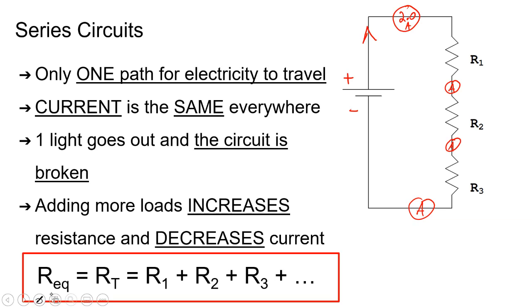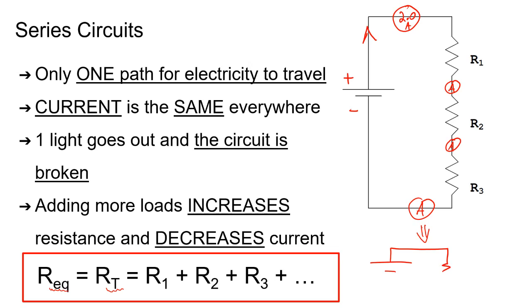REQ is just equivalent resistance. RT is just total. So those two words are the same for series circuits. That one's pretty easy. We just add up the resistance. So in the circuit, we'll talk about collapsing circuits or reducing circuits.